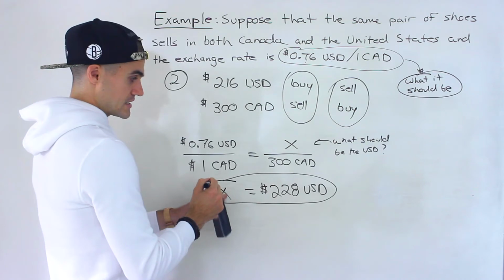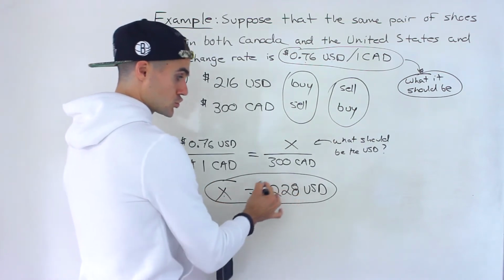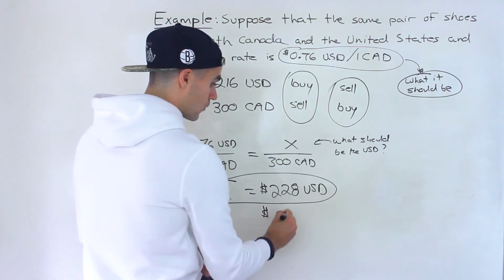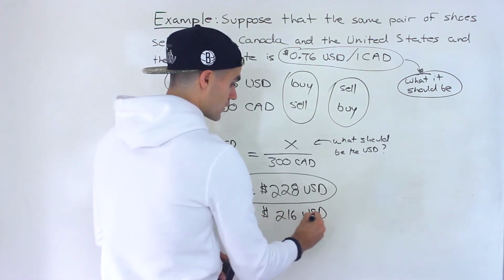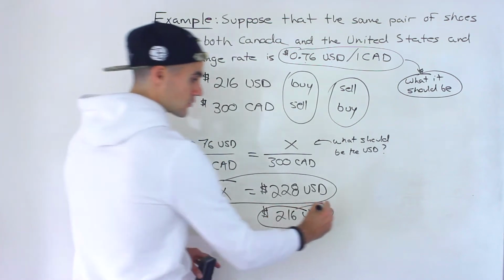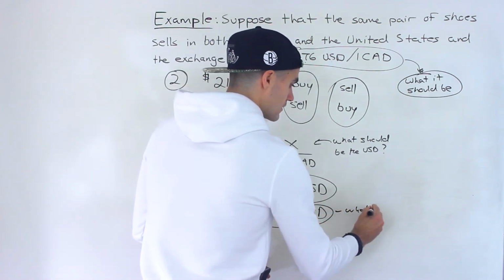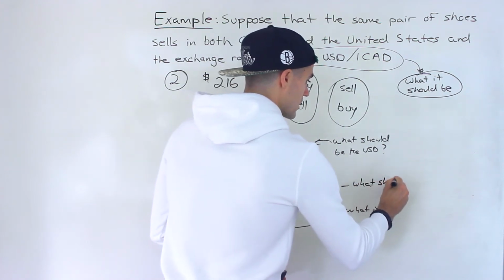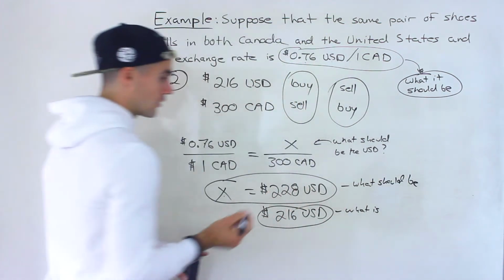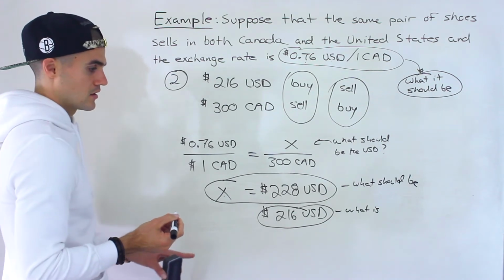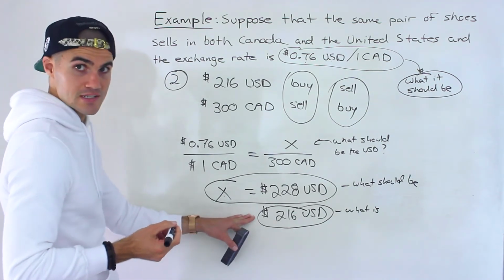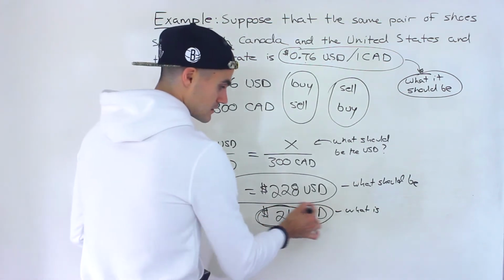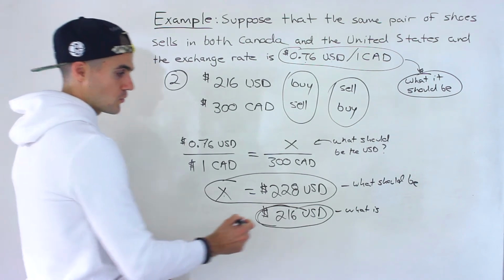So you could intuitively now think about it. So this here is what the shoes should be worth, but they are in the market selling for 216. So remember, this is what should be. So if something should be worth 228 USD, but it's really selling for 216 USD, well, that means that this is undervalued, and so you want to buy this.